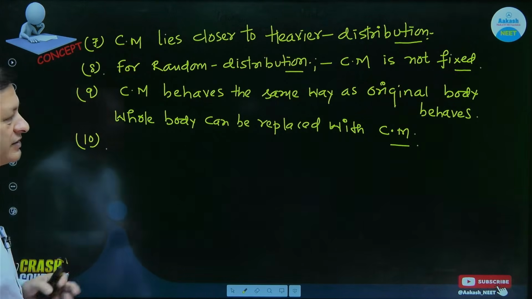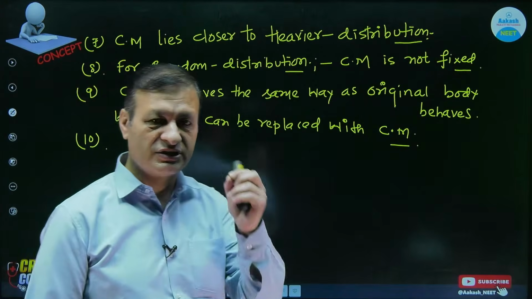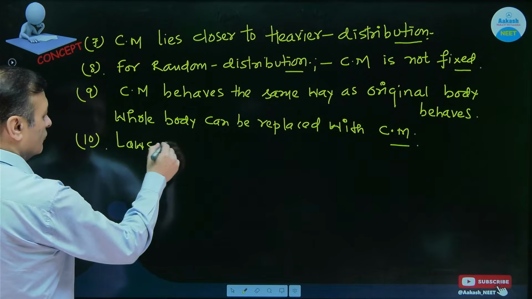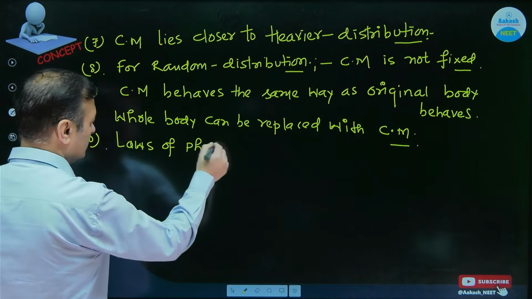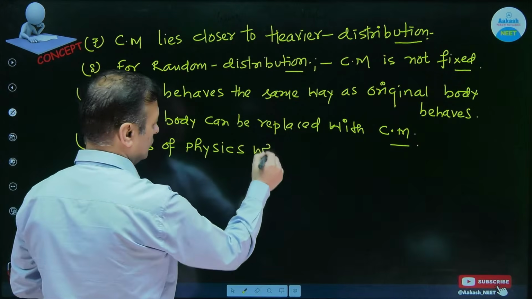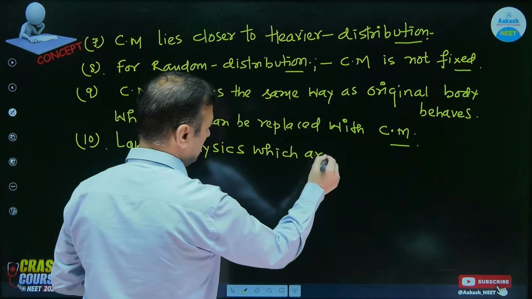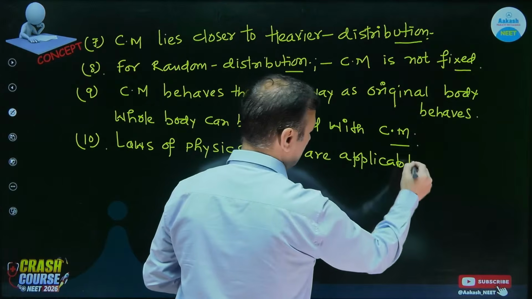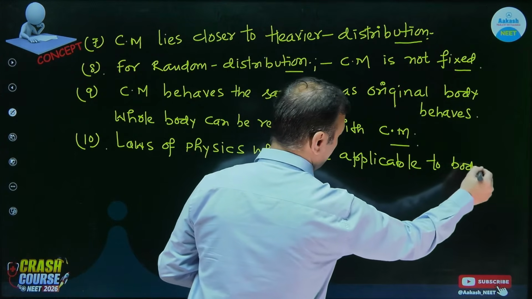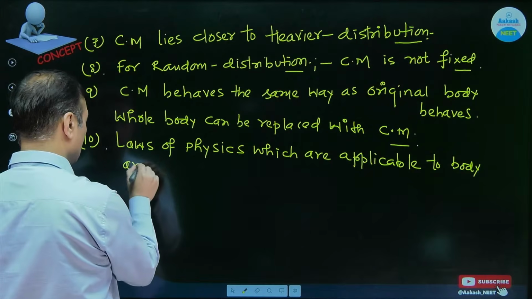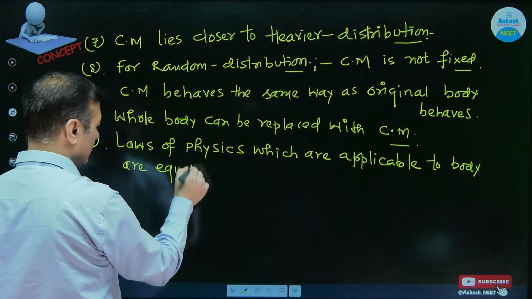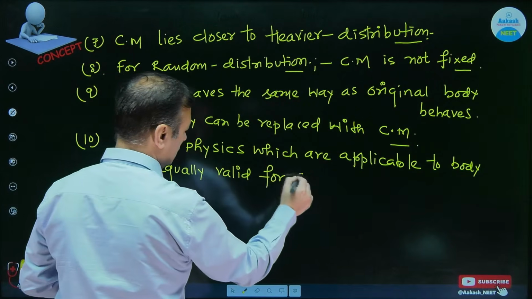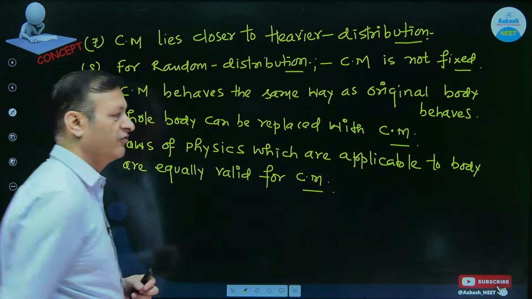We can also understand that if the original body can be replaced with the center of mass, it means laws or rules of physics which are applicable to the body are equally valid for the center of mass.